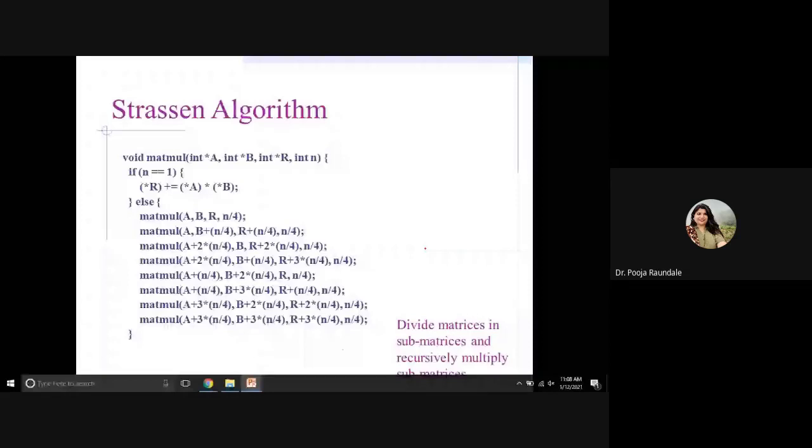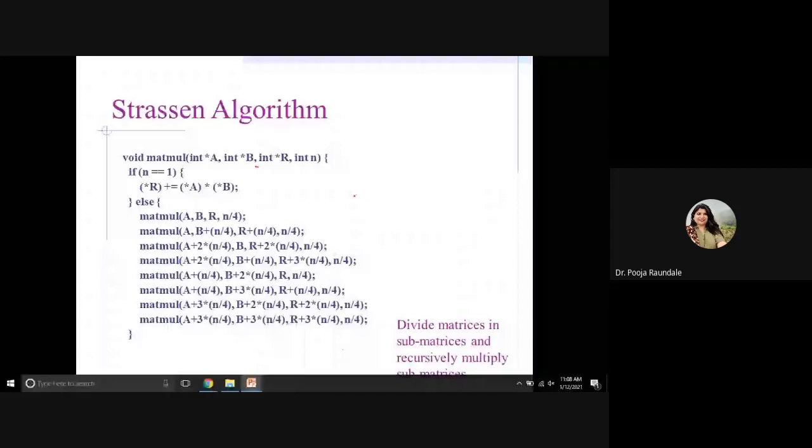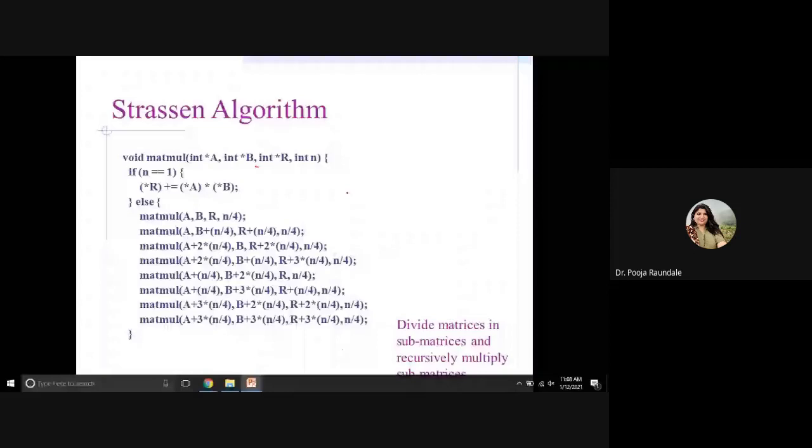So here also, like merge sort, we are going to make it half. If we have a matrix, we are going to cut it into 4 pieces now. So there would be 4 pieces of matrix. We will take the order by 2 and then apply the same concept in a recursive way.